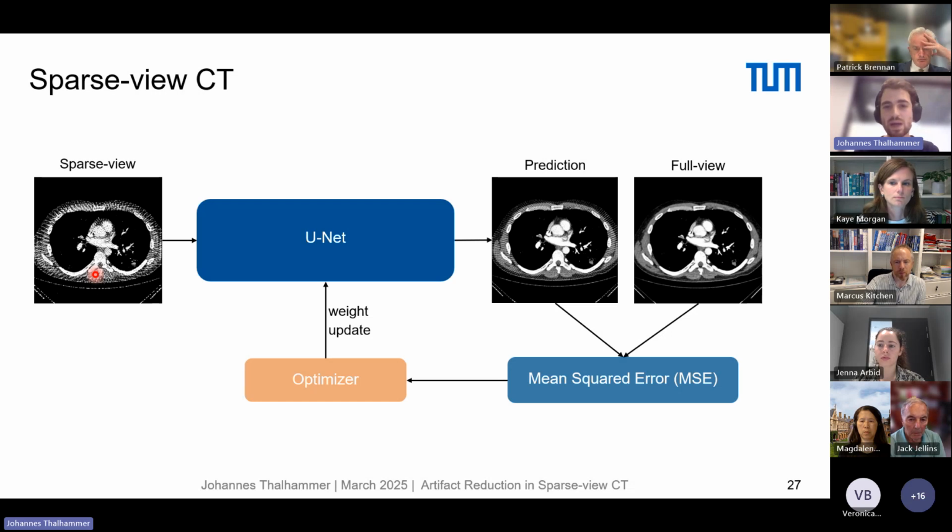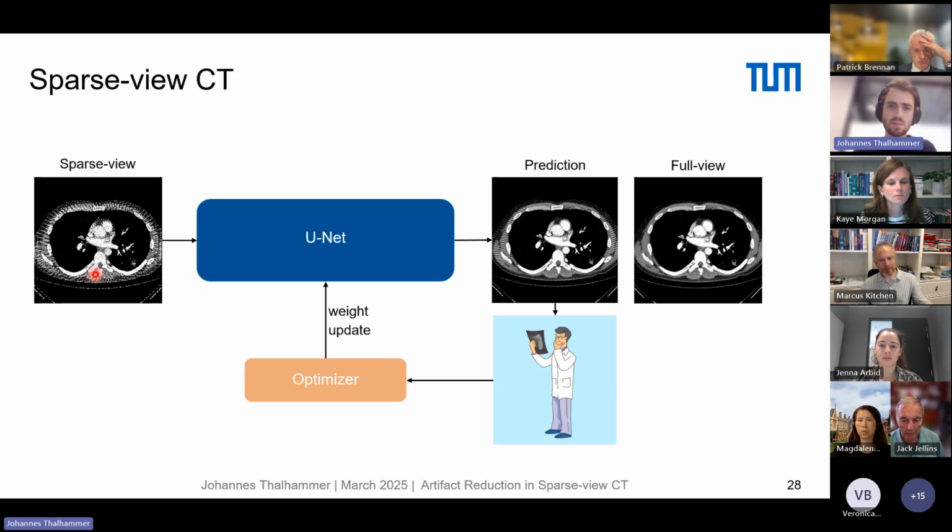We thought, okay, this is mean-squared error, which we are minimizing. In essence, we don't really care about that one that much. What we care about is actually how well can these images be used to classify diseases.